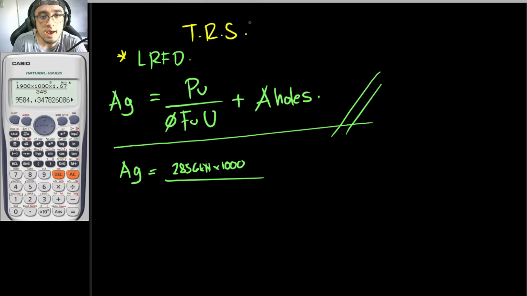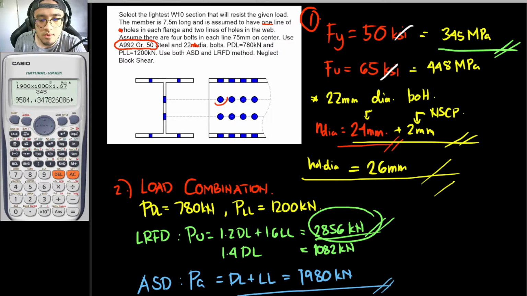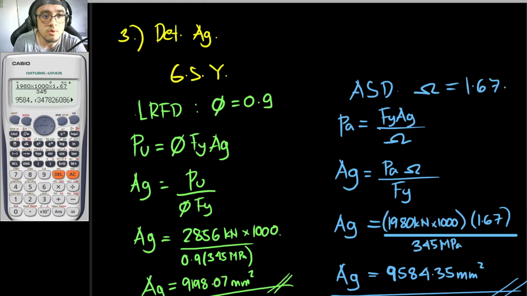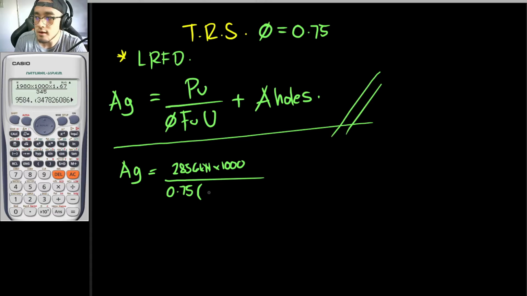So take note guys that your phi in tensile rupture stress is to be equal to 0.75. So from that guys, this is to be 0.75 times FU, and our FU is to be equal to 448 megapascals. So substituting it here, 0.75 times 448 times the shear lag factor U.